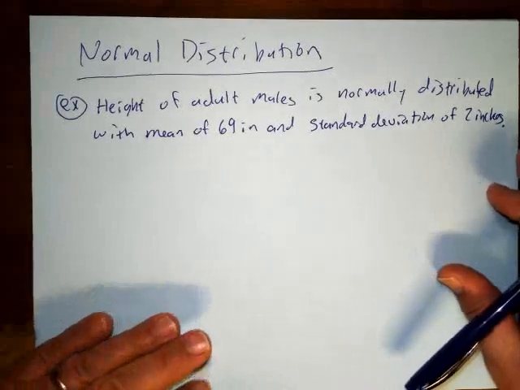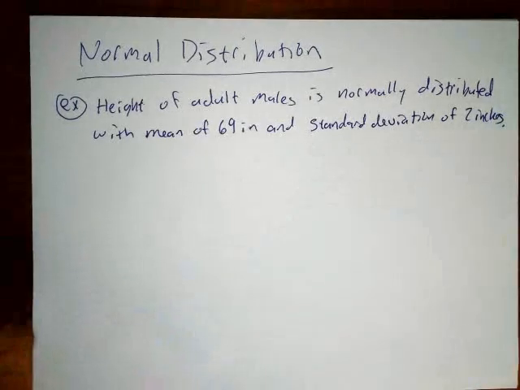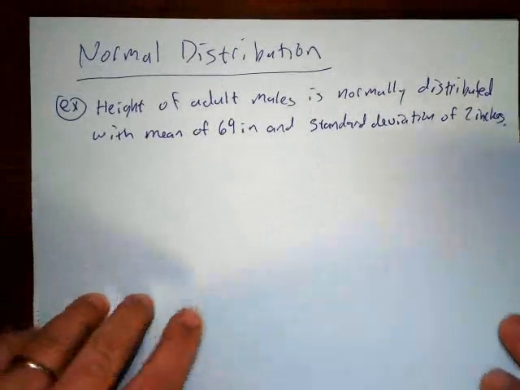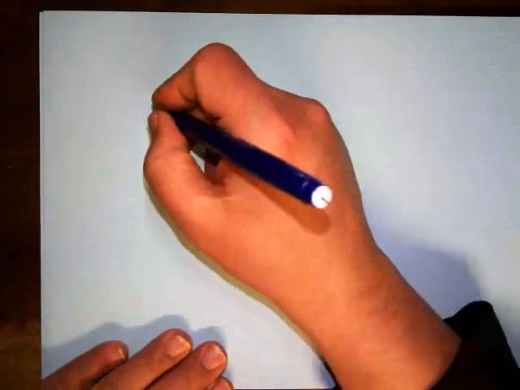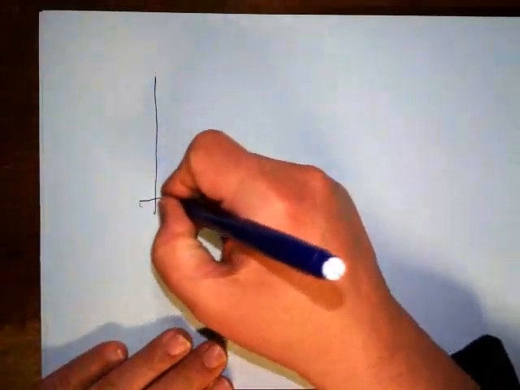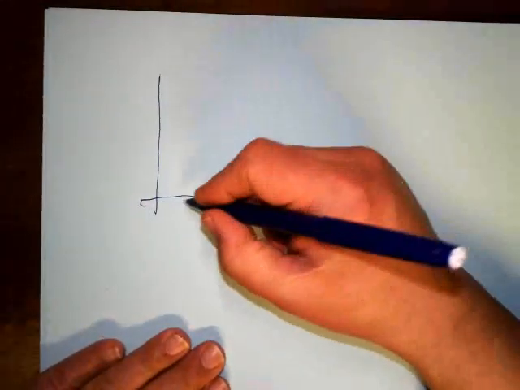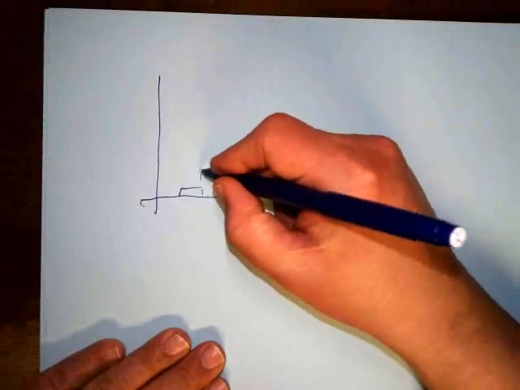Now let me show you first of all what I mean by normal here. On another sheet of paper, if we took a census of all the adult men, and we took all that data and organized it, we could make a histogram, right?